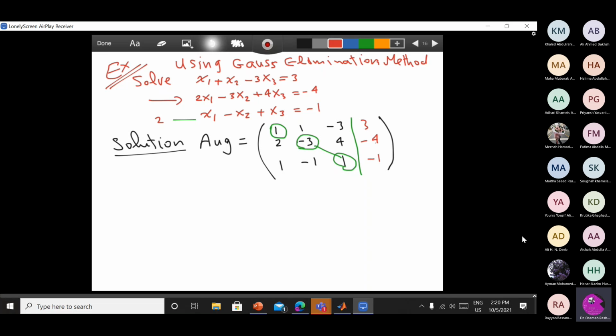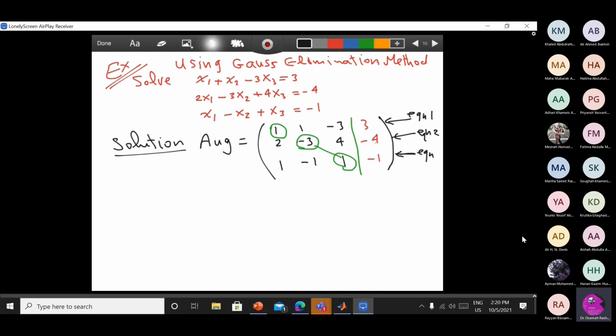But instead of working with equations, each equation is represented by a row. This is the first equation, this is the second equation, and this is the third equation. They call it the row elimination method.